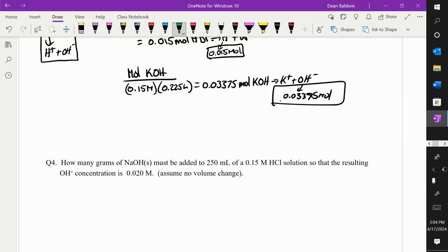So, excess, and I'm too lazy to write the word excess, so I just put the letters.